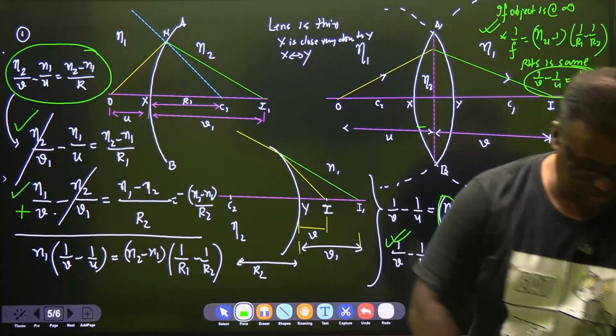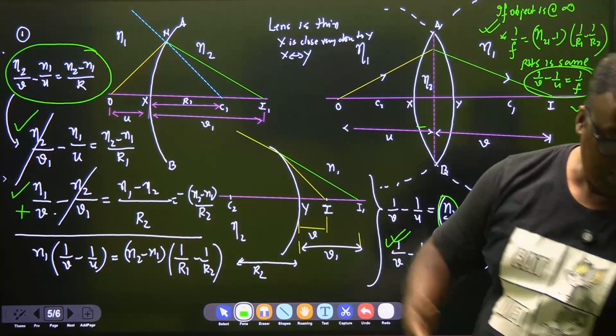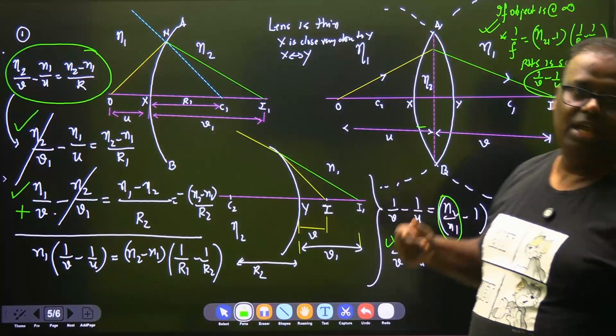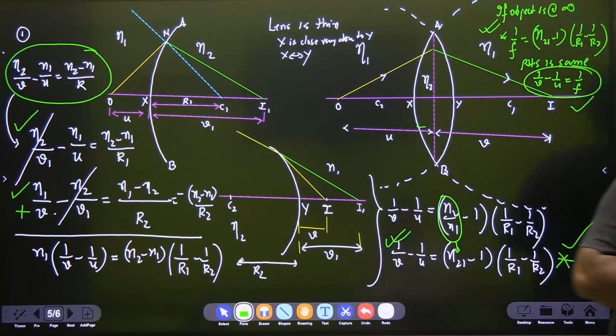Anyways, we'll derive those, or we'll not derive those, we will study those. Then we will see power and combination of lenses, and then we'll spend one class at least on numericals. After that, we will get into prism, and once you get into prism, then it's all about optical instruments, which is your microscope. Till this much, have you understood? Right.